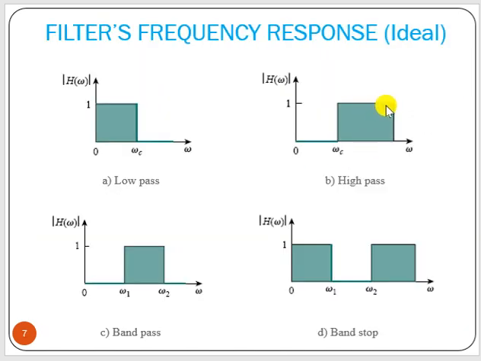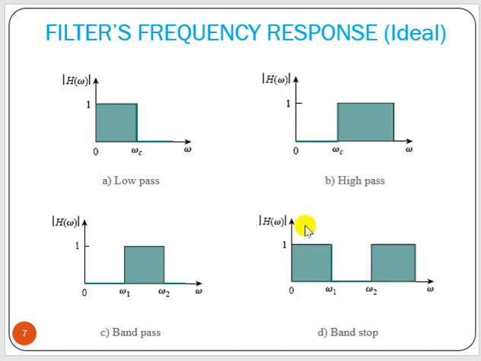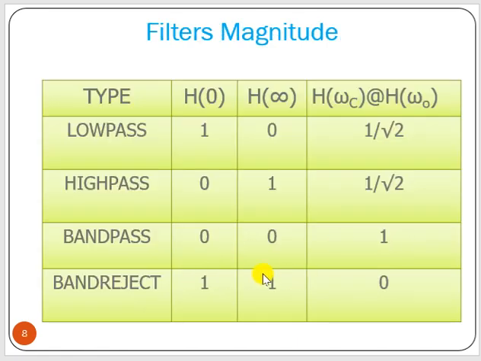And for band pass, for 0 and infinity, both are 0, 0. And for band stop, at 0 it is 1, at infinity it is also 1. So we can say 1, 1.